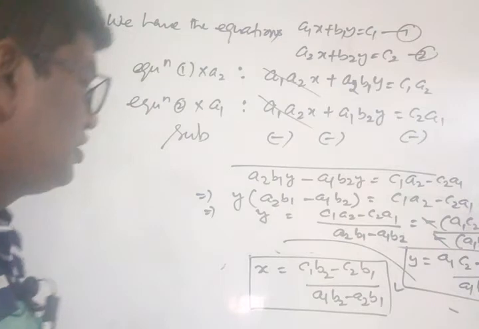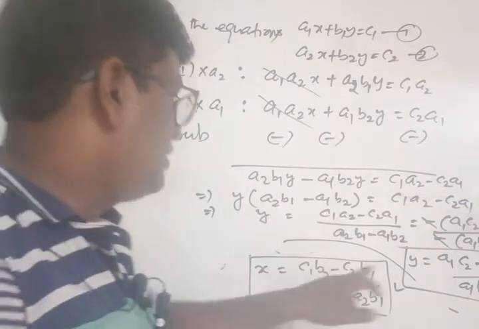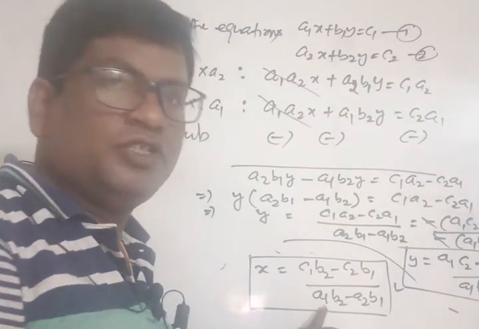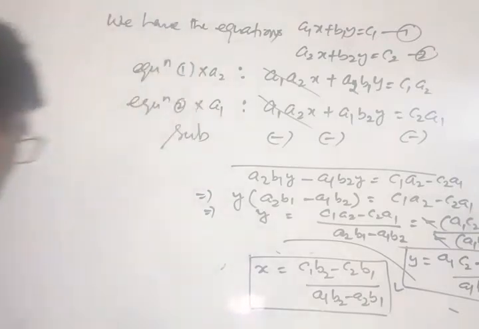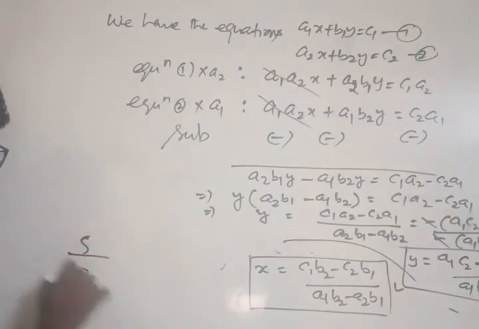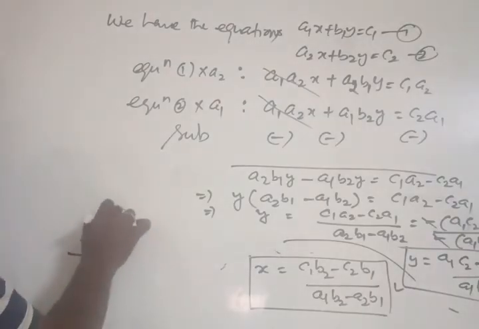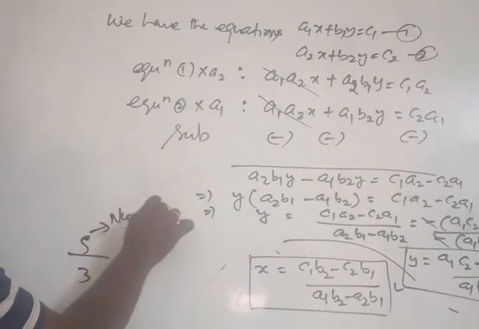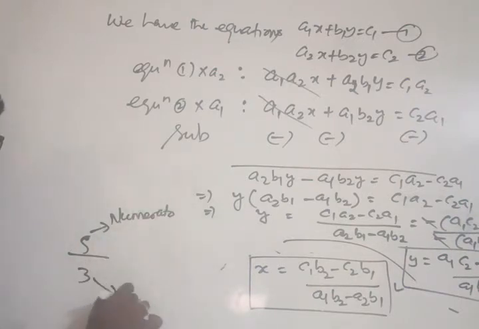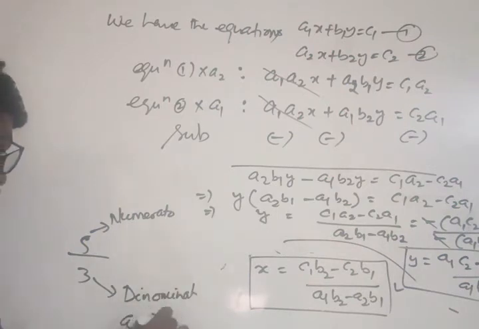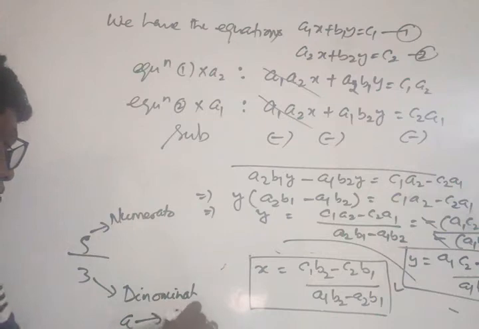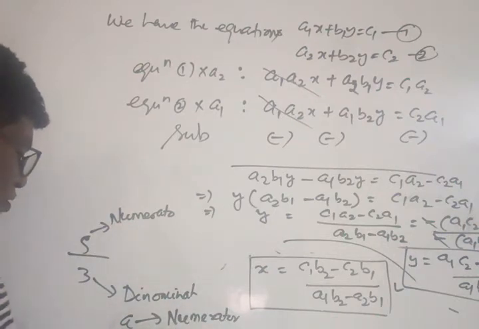In both x and y, look at the denominator. In a fraction a by b, a is the numerator and b is the denominator.